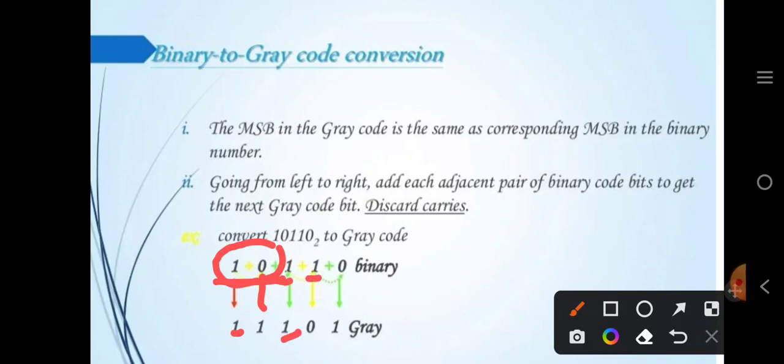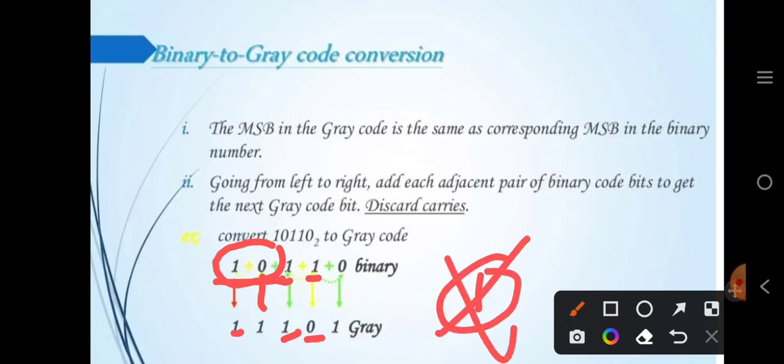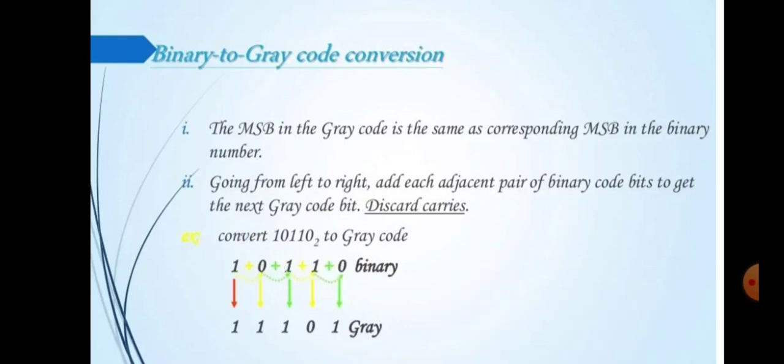Now 1 plus 1 is 0 with carry 1, but we have to discard these carries, so no need to write this. Again the 0 plus 1 is 1, so write it here. In this way we have converted this binary number into the gray number. So the binary number 10110 can be represented as 11101 in the gray numbering system.